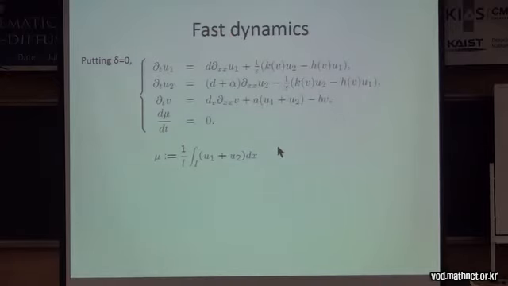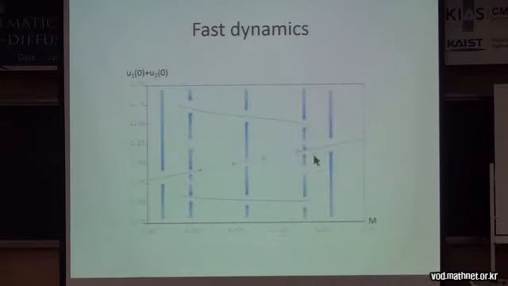Similarly to the relaxation oscillation case, first we consider the fast dynamics of this equation, that is, putting formally delta equals 0. Then the equation is like this. As mentioned before, this quantity is preserved in time t in this system. So then the fast dynamics becomes like this.